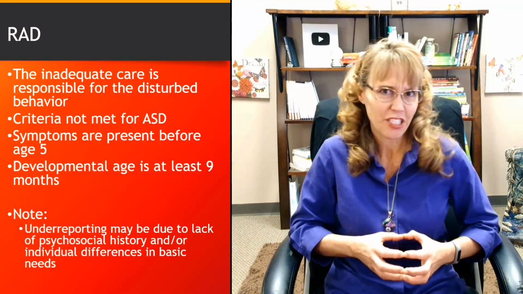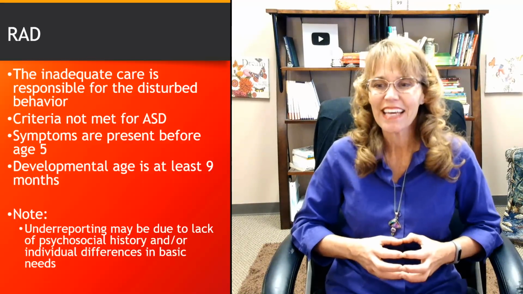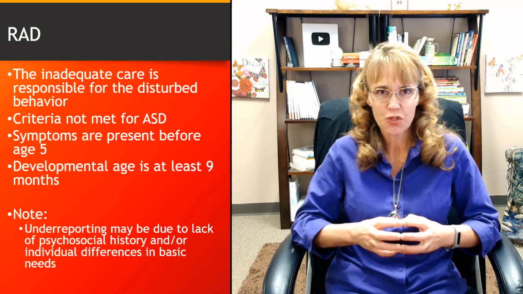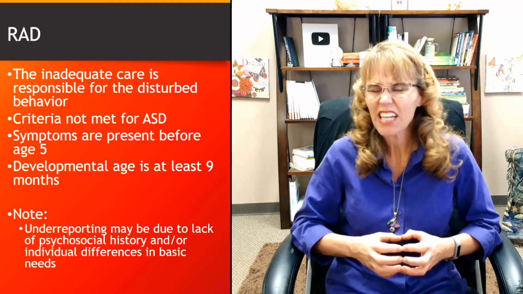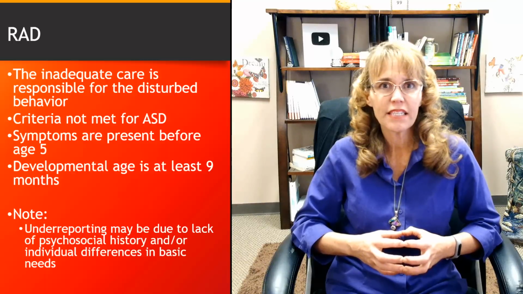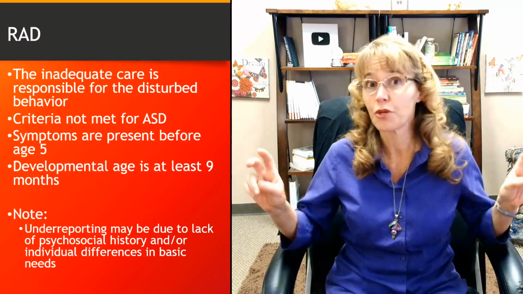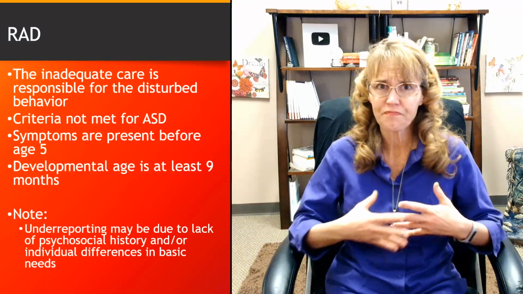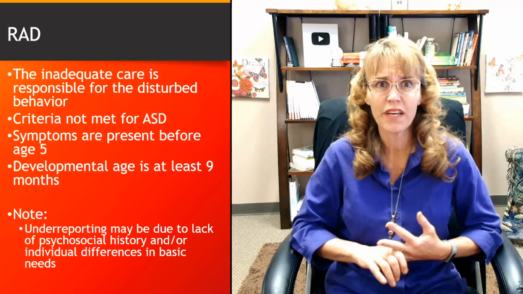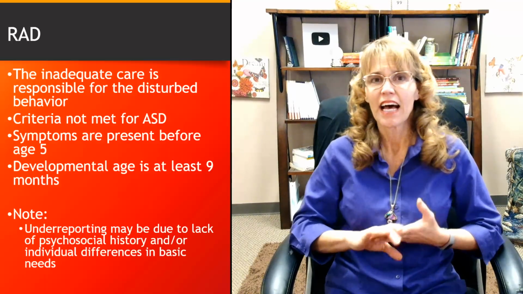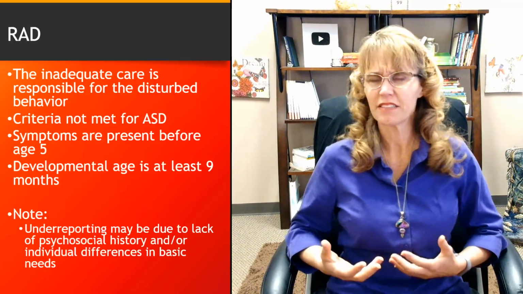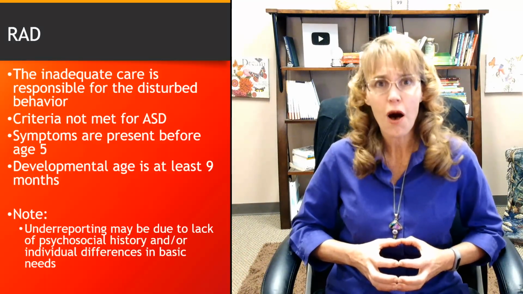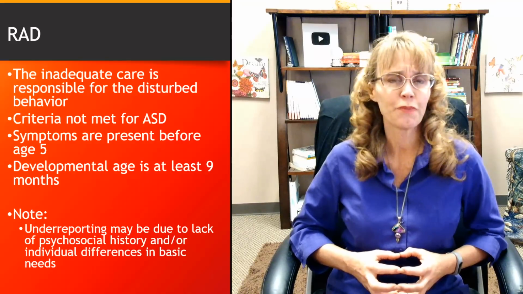So my estimation, or my guess, is that the amount of reactive attachment disorder in children is actually higher than what is showing on the books, so to speak. That's just my thought. And if you work in child welfare, if you work with foster kids, I would encourage you to think about, when you're looking at your caseload, how common are attachment problems.